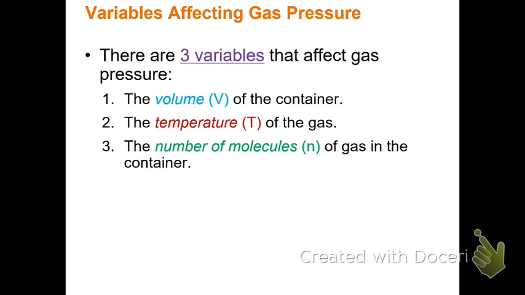The second one is temperature, the temperature of the gas. And finally, the number of gas molecules. All of these three variables can affect the numerical value of pressure, and we're going to take a look at every single one of these in greater detail.